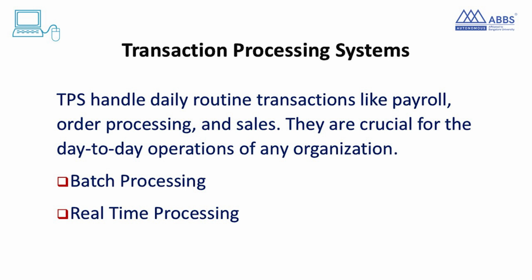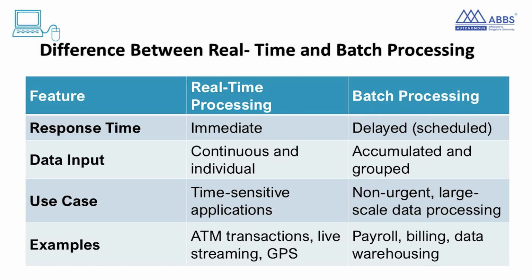We have two types of transactions: real-time transactions, which give immediate process activation, and batch processing, where the processing occurs after some time, accumulating the data for a specific period. The basic difference is that in batch processing, transaction data is accumulated and then processed, while real-time processing is dynamic, or what we call online processing, and it gets processed immediately.